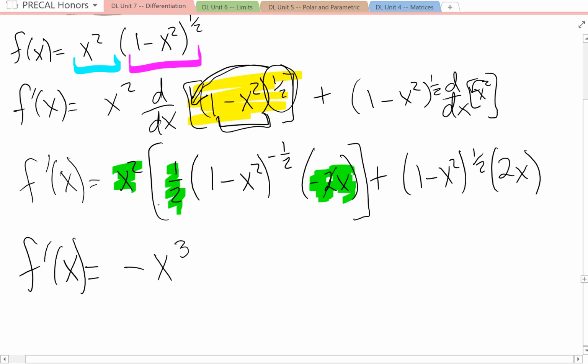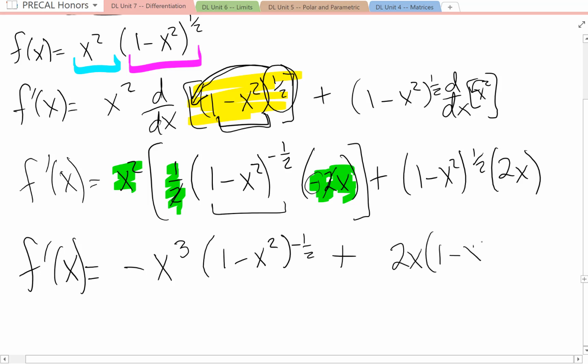Negative 2 over 2 is 1, x times x squared, and then don't forget your negative. And this is being multiplied still by this quantity to the negative 1/2. Added to, we'll put the 2x in front, 1 minus x squared to the 1/2.